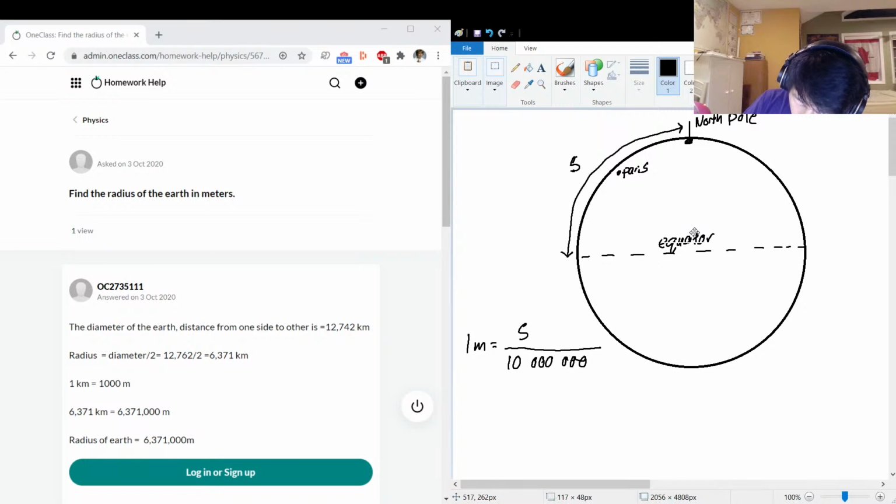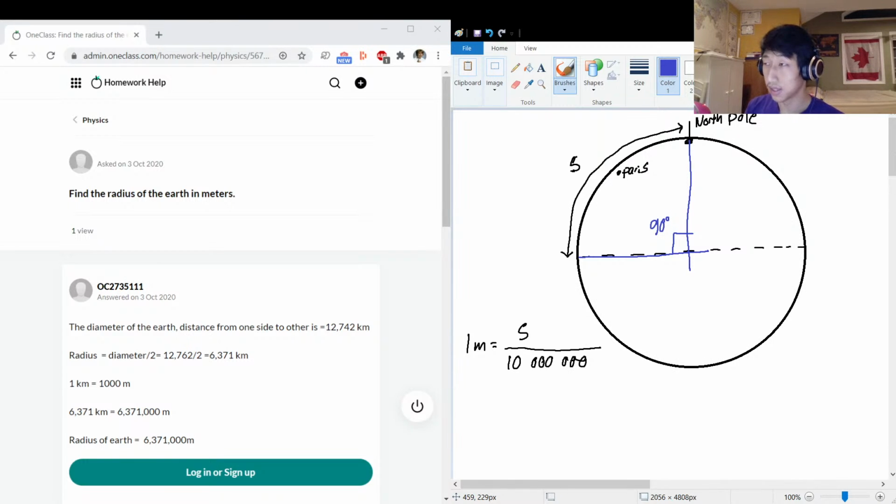Might as well clear that out. So you see here, I'll draw this in a different color. Let's make it blue. That's purple, but that's okay. So we know that this angle is about 90 degrees.